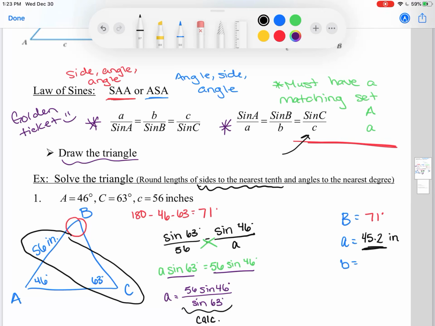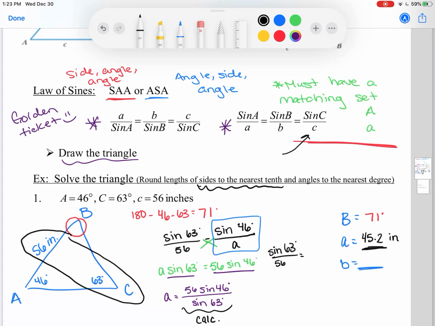All right. So now the last bit of information we need is letter B, lowercase b. Side length b. All right, we can't do the Pythagorean theorem because the Pythagorean theorem is only related to right triangles. However, we can do the exact same thing, except instead of solving for A, we are going to now solve for B. All right, now just like when we did SOHCAHTOA back in semester 1, I want us to only use the matching set we were given from the beginning.